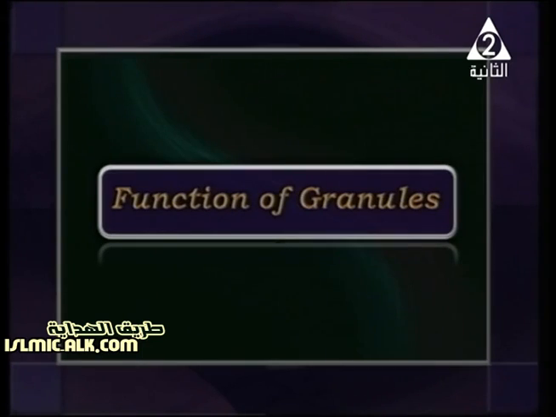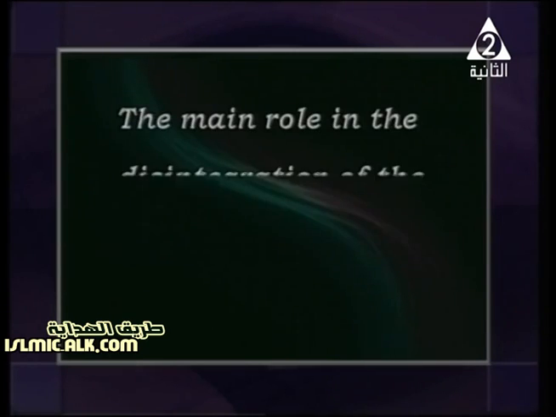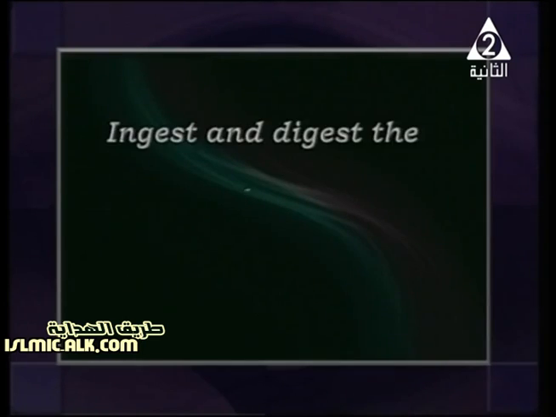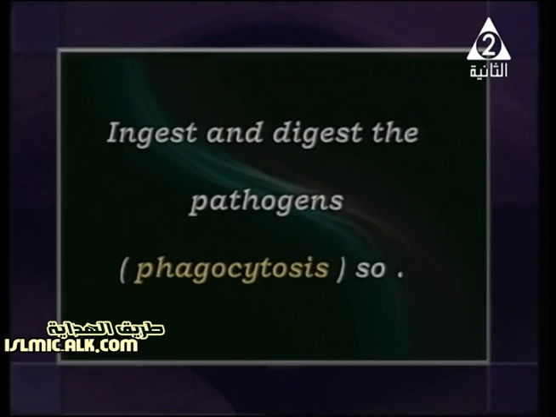What about the functions of these granules inside the white blood cells? Well, the main role is the disintegration or destroying of the pathogens of the cells that attack the body, and also they ingest and digest the pathogen. Digest means they have already digested them. They are a kind of phagocytosis.